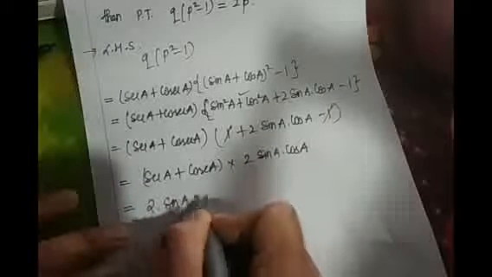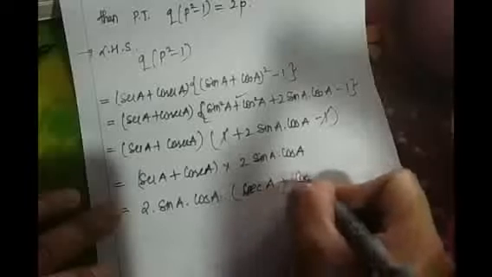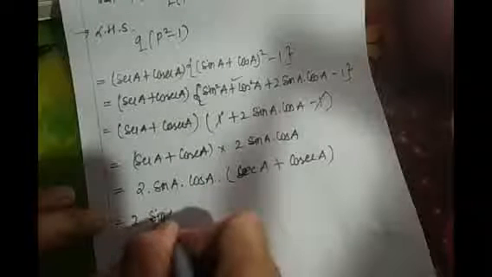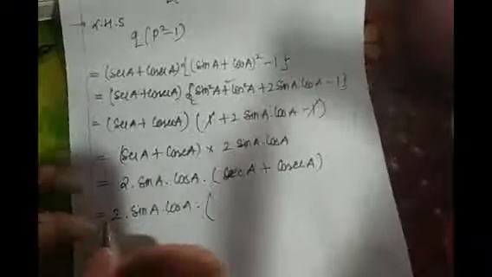But I have to prove it as 2 into P. The value for P is sin A plus cos A, which I'm not getting here right now. So therefore, write 2 sin A into cos A into sec A plus cosec A. We know the reciprocal formulas which we have learned.